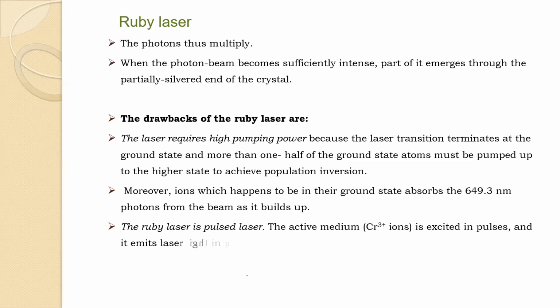The next drawback is that the ruby laser is a pulsed laser, because the active medium chromium is excited in pulses.